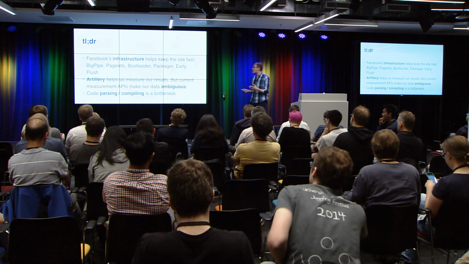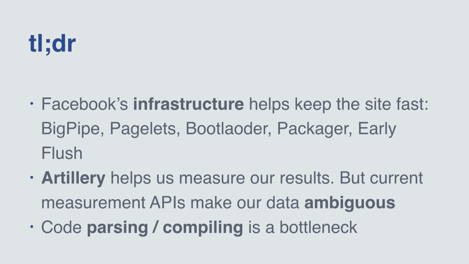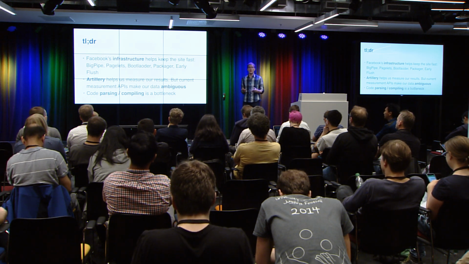So just to summarize, we've got a lot of infrastructure at Facebook that helps keep the site running fast. Everything from BigPipe to Pagelets to Bootloader to Packager and early flush. We've got a really great tool called Artillery that helps us measure both the numeric speed of our site, as well as helps us debug what's going wrong. But oftentimes, the lack of APIs can make data ambiguous and hard to read.